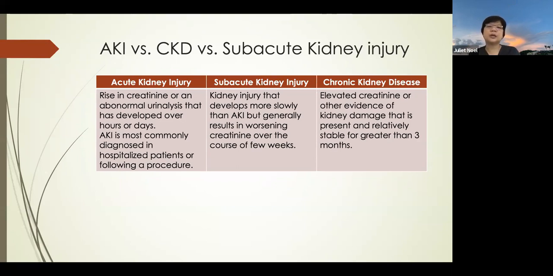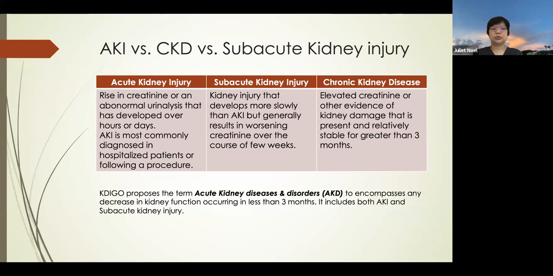Now, the proposed subacute kidney injury develops more slowly than AKI, but generally results in worsening of creatinine over the course of a few weeks. AKI is considered more of the 48 hours. But this is still proposed by the KDIGO. So they propose the term acute kidney diseases and disorders.